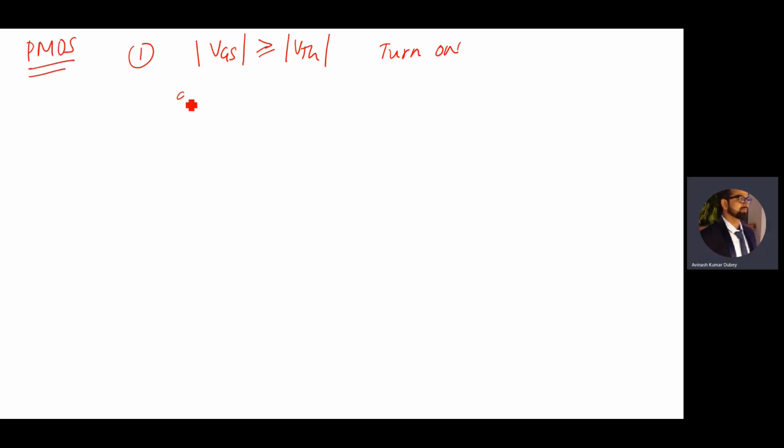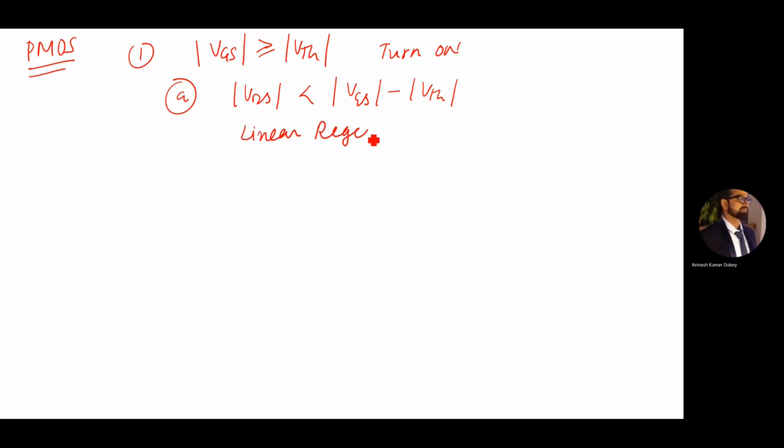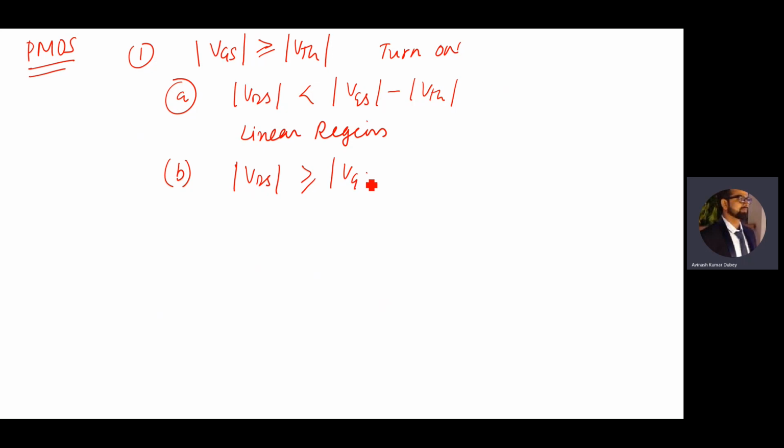Okay, and if mod of VDS is less than mod of VGS minus mod of VTH, then this is the linear region. And similarly for the saturation region, mod of VDS is greater than or equal to mod of VGS minus mod of VTH. Okay, so this way we define the saturation region for a PMOS device.